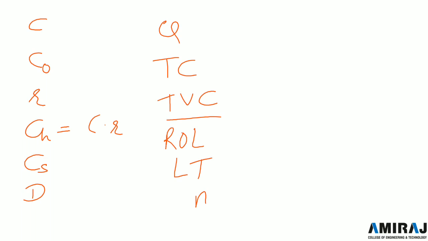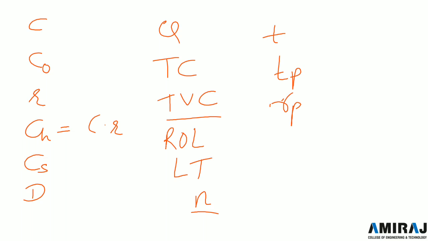Small n is the number of orders per unit time period. Small t is the time interval between successive orders. TP is the production time period, and RP is the production rate. So these are the usual terminologies.